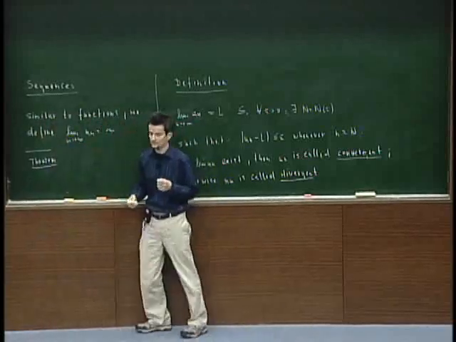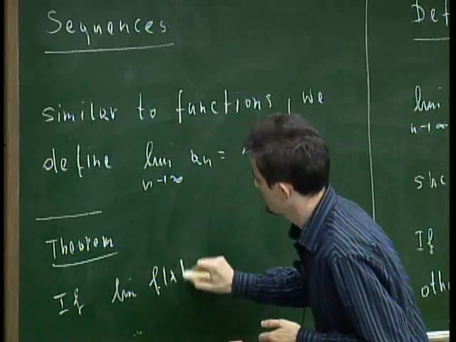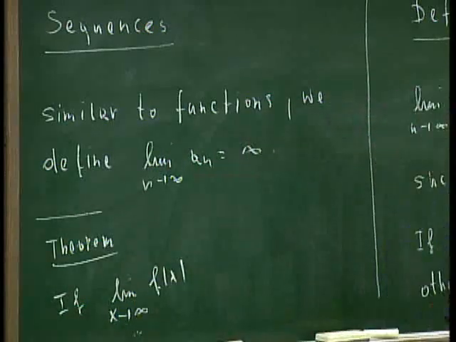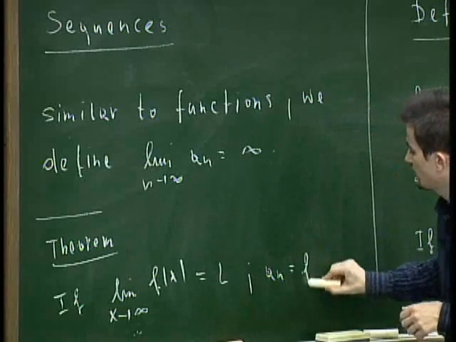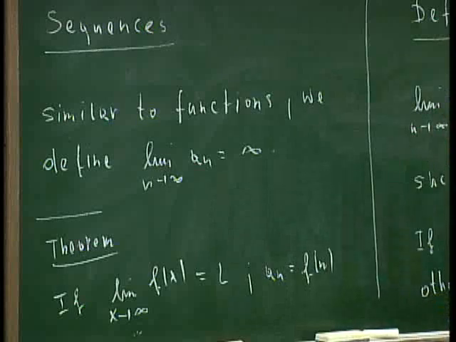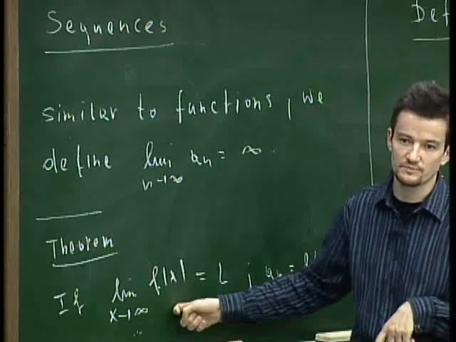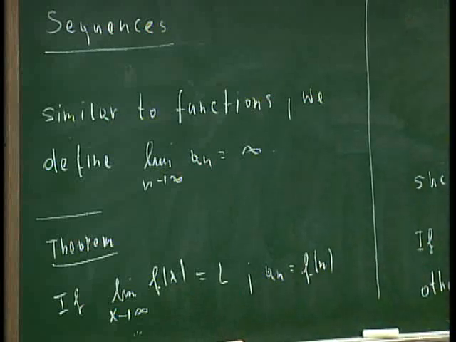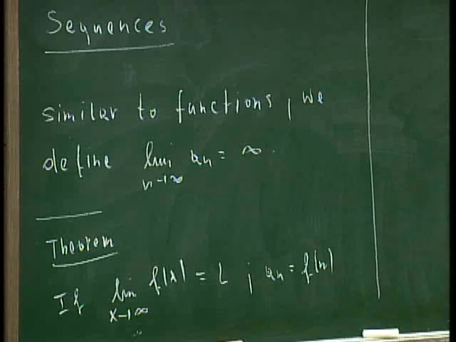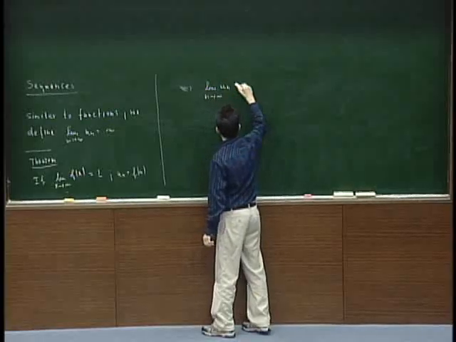If you have a function f of x, and the limit of f of x as x tends to infinity is equal to some L, and you define a_n to be equal to f of n, then of course the limit of a_n as n tends to infinity is also L. Here you use the definition we have seen in chapter 2, and for the conclusion you use this definition here.